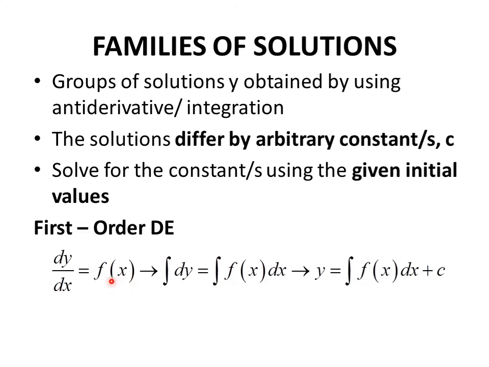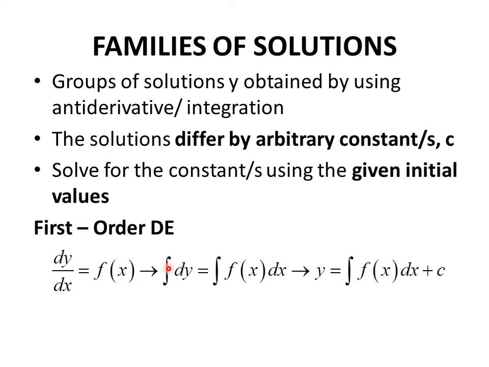To do that, recall that f of x here is actually f of x over 1. So we can cross multiply: dy times 1, that is dy, and dx times f of x is f of x times dx. Now, to solve for the solution y, we have to be able to eliminate this derivative on the left side. For that, we have to integrate both sides of the equation.